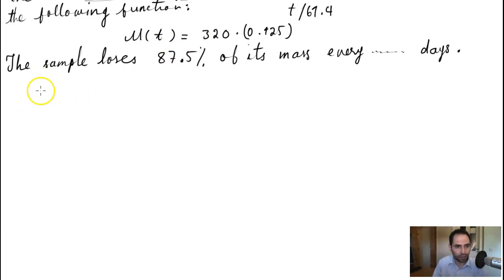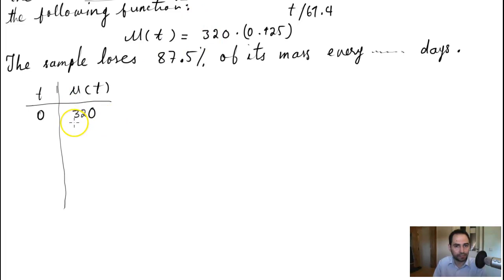An exponential function has some variable, for example t, and you have some m of t, for example the mass left in grams, and this is t in days. So this m is dependent upon t. Normally in an exponential function you start with an initial value, for example at 0, and in this case it was 320 grams.